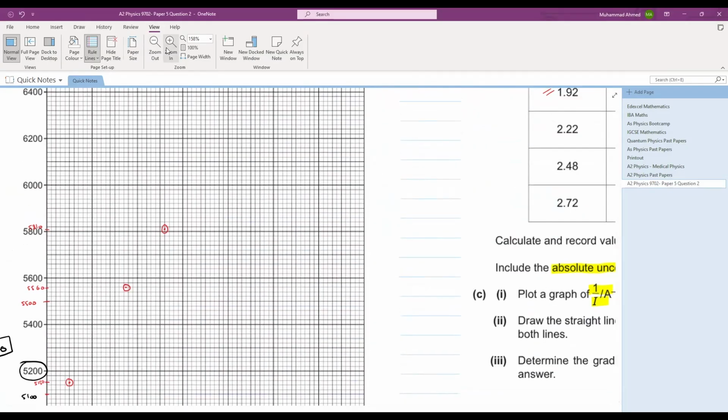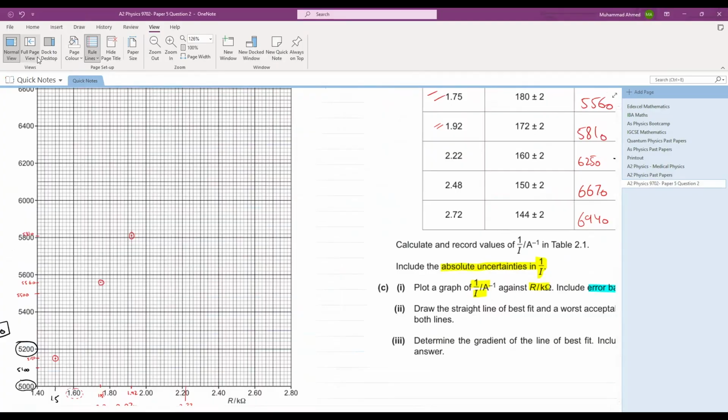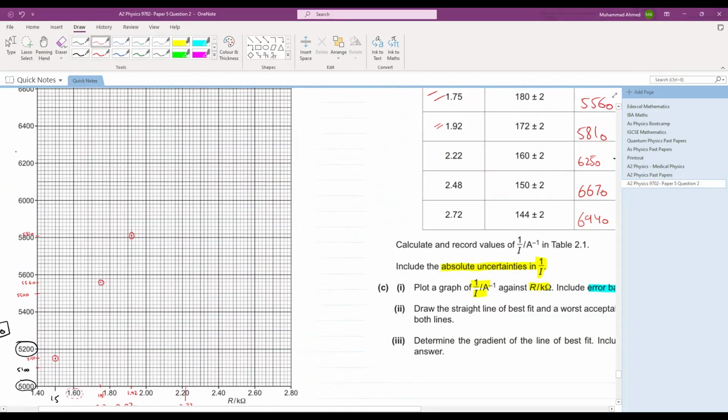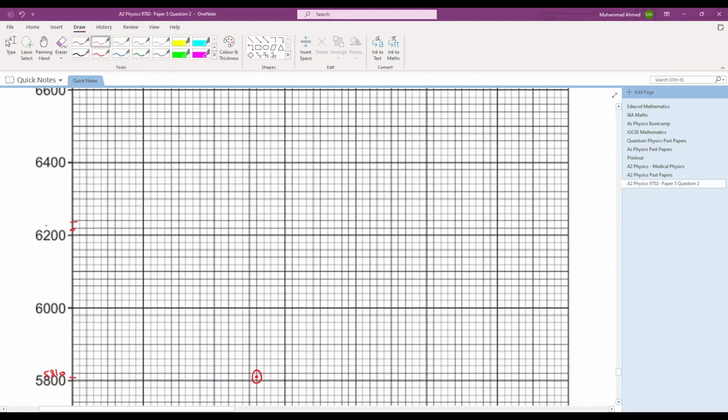6250 will be, let's zoom out further. Perfect. So if you analyze here, this will be your 6200. This will be your 6220. This will be 6240. And this middle value will be 6250.